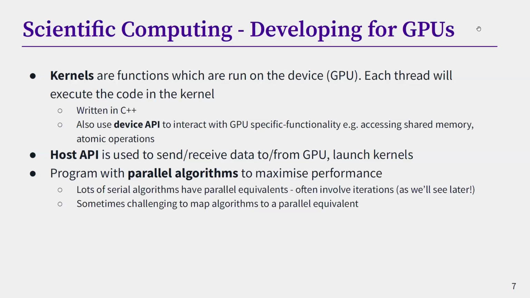We have to think about the data dependency and arrange things in a way that we can do everything in lockstep and then move on to the next step. That often involves some kind of message passing or communicating between threads, which would be a single execution thread on the device, or between iterations of an algorithm.